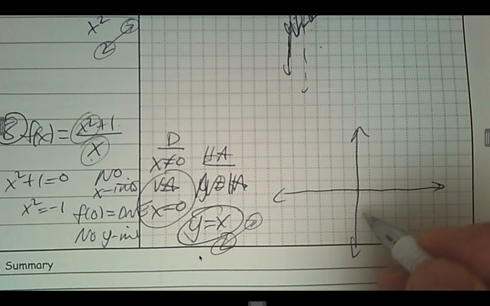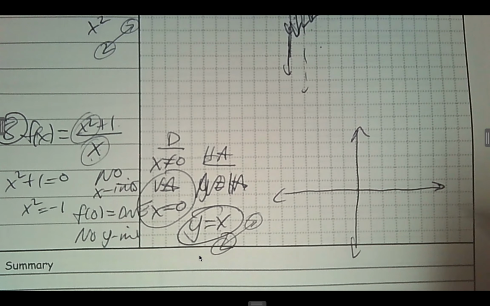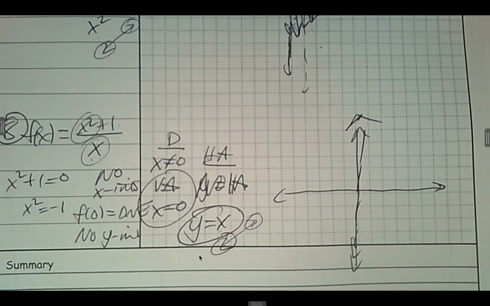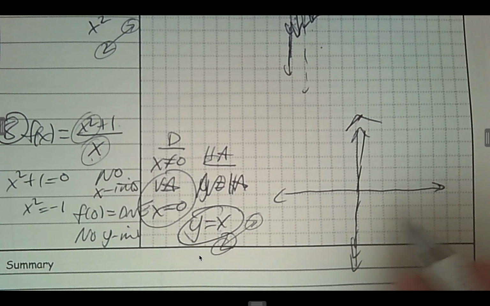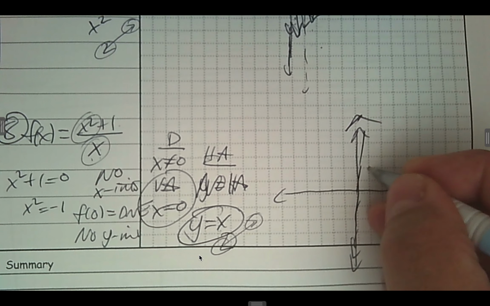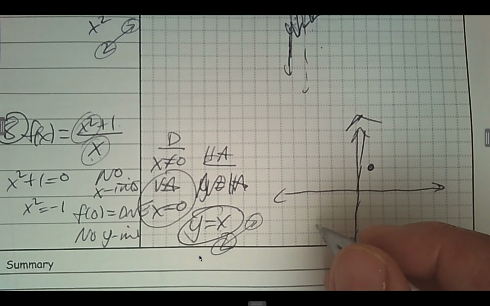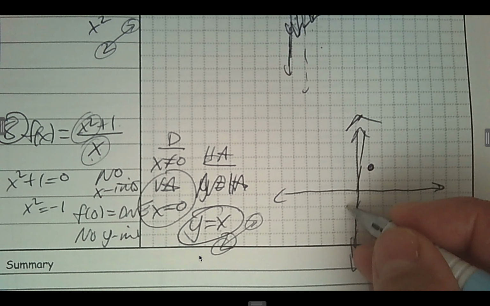So let's sketch this. We have no intercepts, so we do need a point of some sort, at least to start with. We do have a vertical asymptote at 0, but we don't have a horizontal one at all. If I plug in 1, I get the answer 2. So that's at least something to curve through. For the negative side, if I plug in negative 1, I get negative 2.